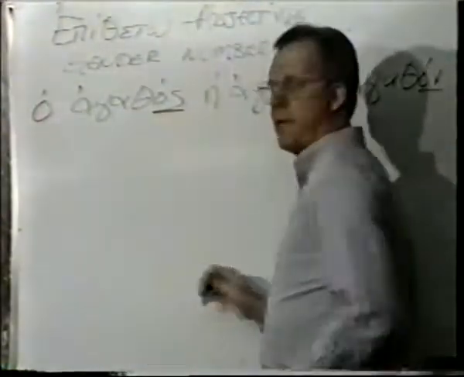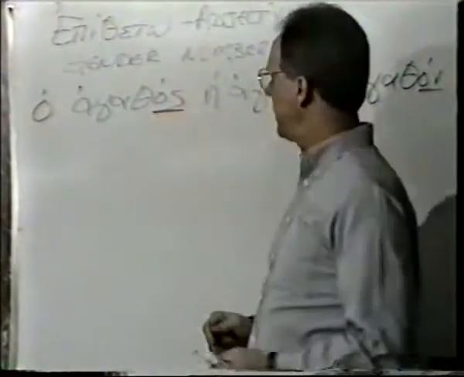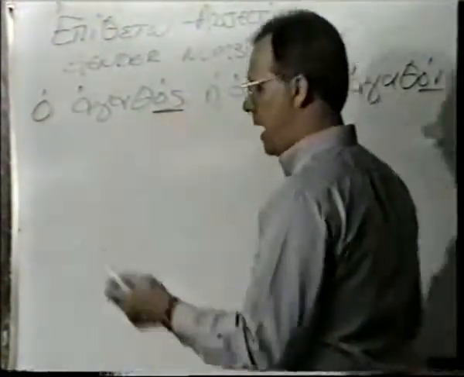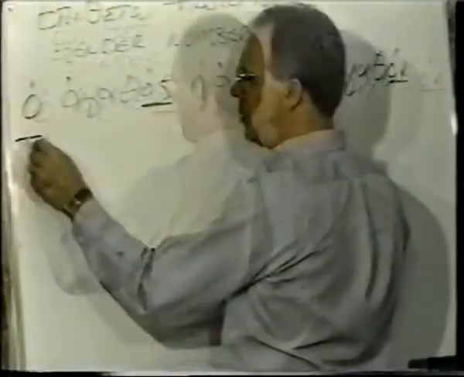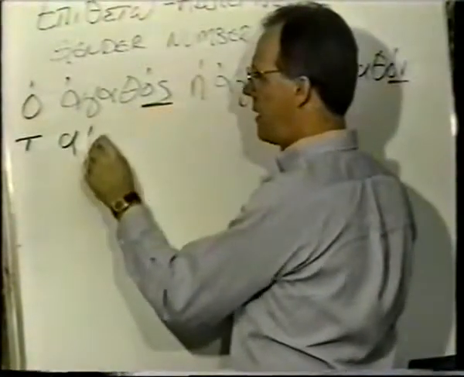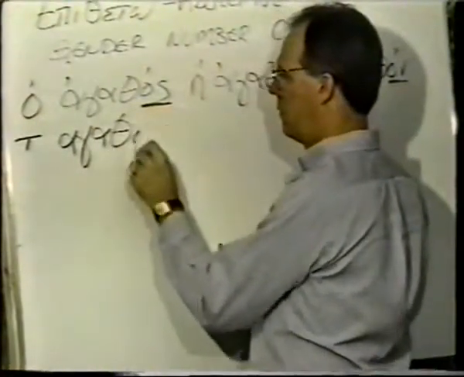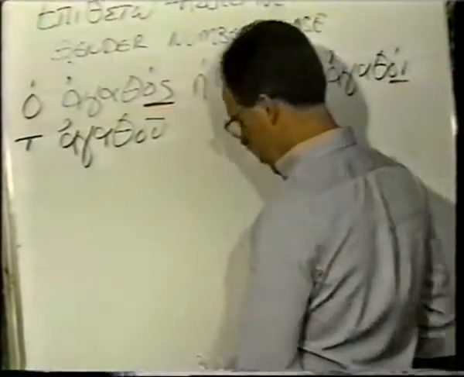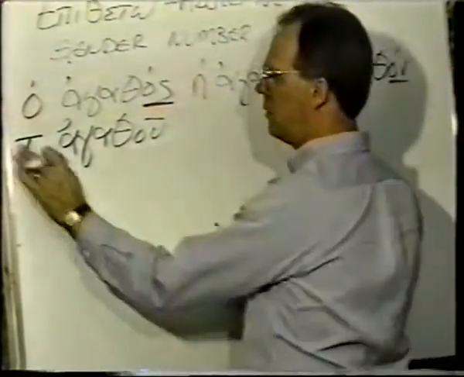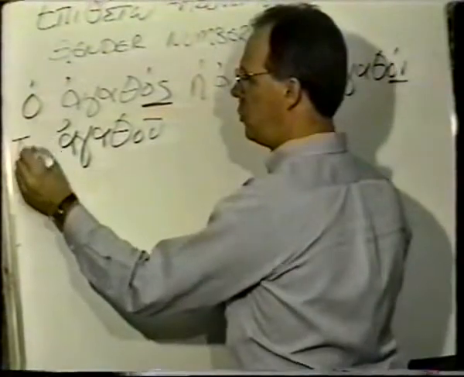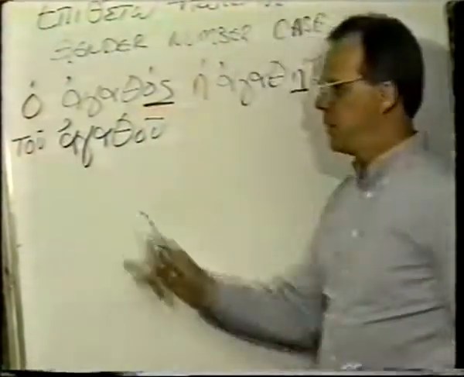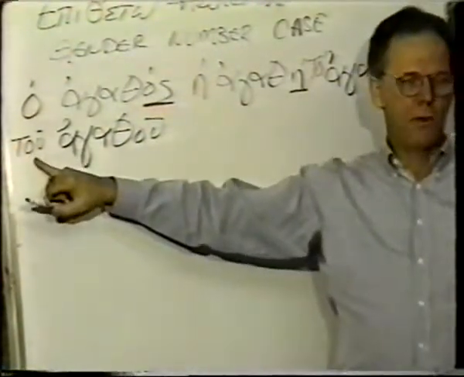We go from the o, which is the nominative case, o agathos, and now we're going to come to the genitive. It's going to be agathu. And again, we want to put the article. It will be tu. Now remember, this represents two cases, but we have a single form.